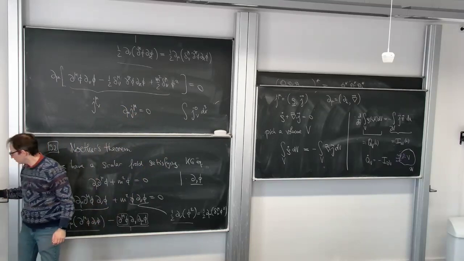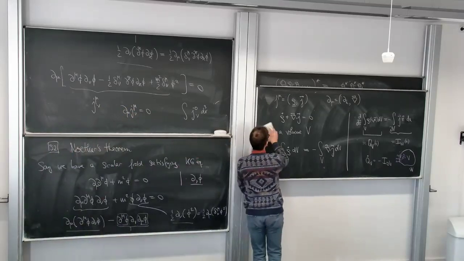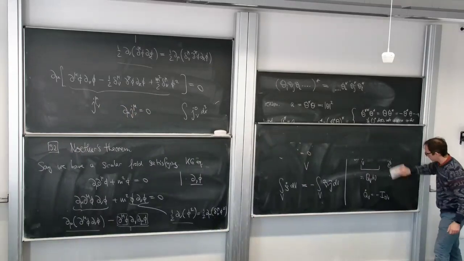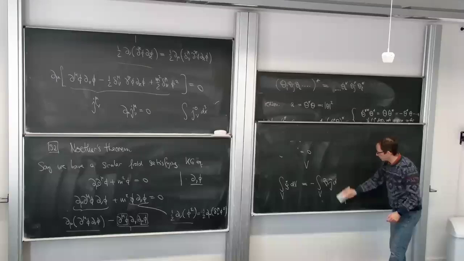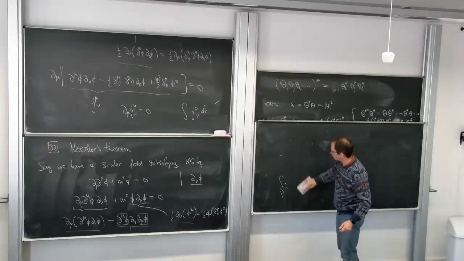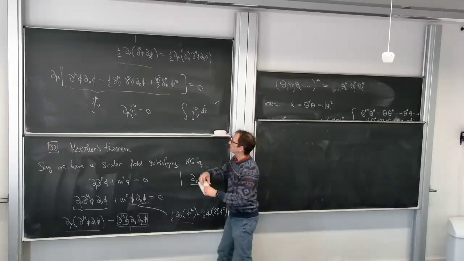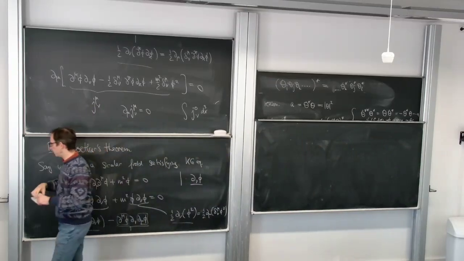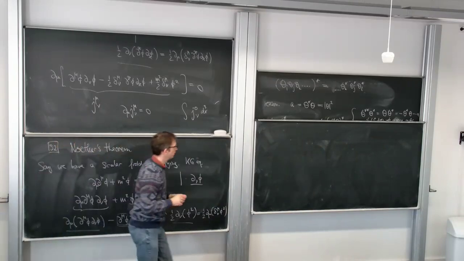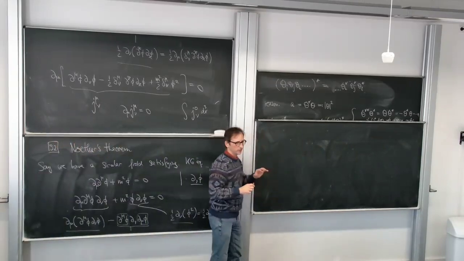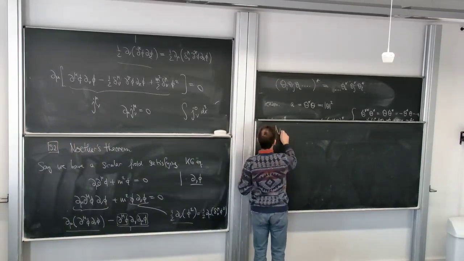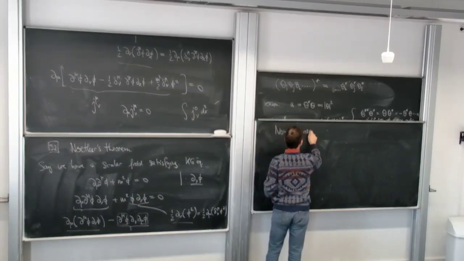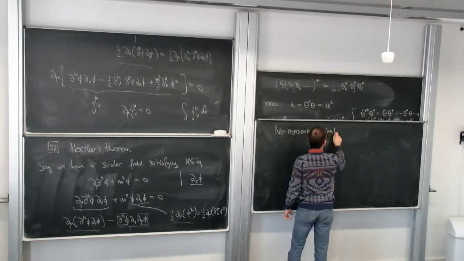So I'm going to give you two derivations of Noether's theorem. Noether's theorem is essentially a formula that gives you a J from a symmetry. The first derivation is very short, and I call it the no-nonsense derivation.